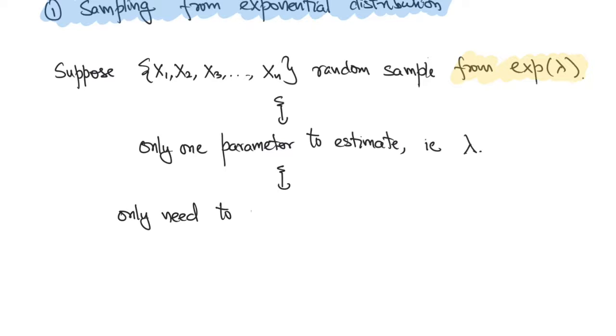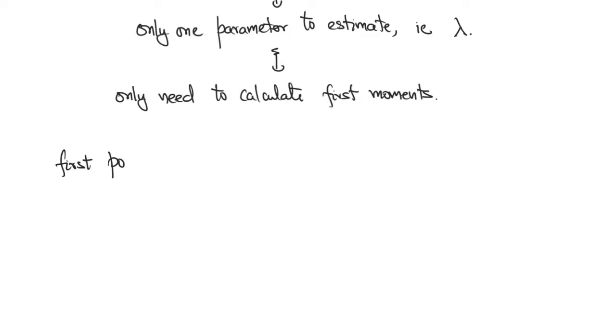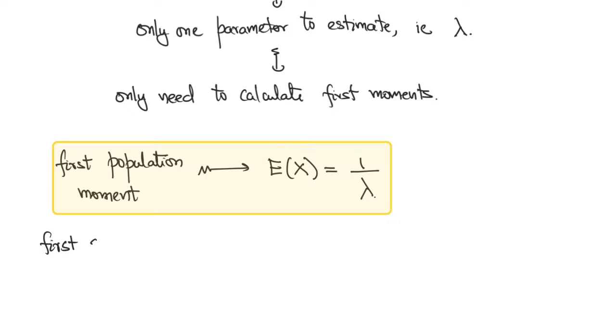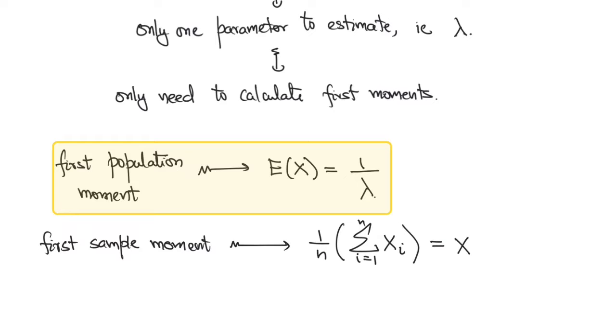So we will only need to calculate the first population moment and the first sample moment. The first population moment is the expected value of X, which equals 1 over lambda. This is a fact we know about the exponential distribution. And the first sample moment is 1 over n times the summation of xi. This is the sample mean.